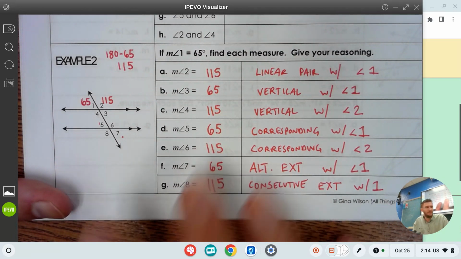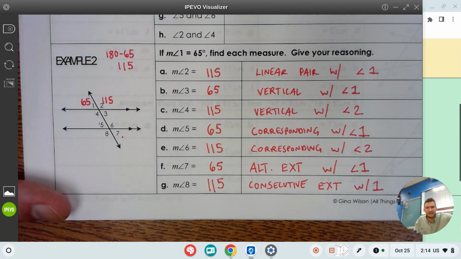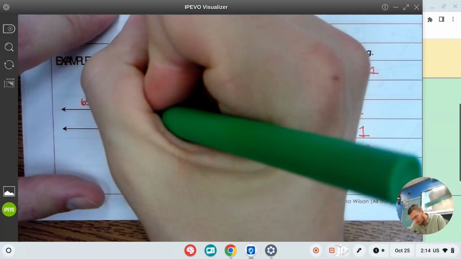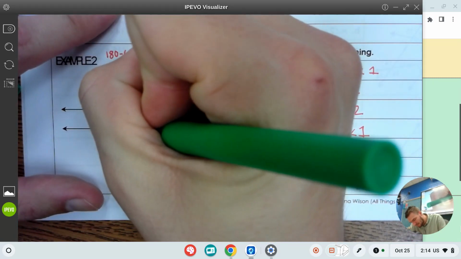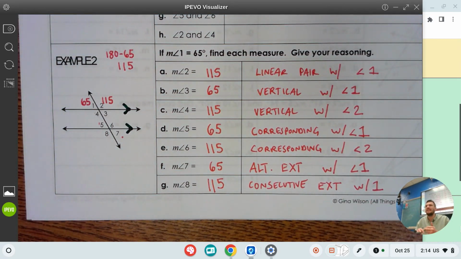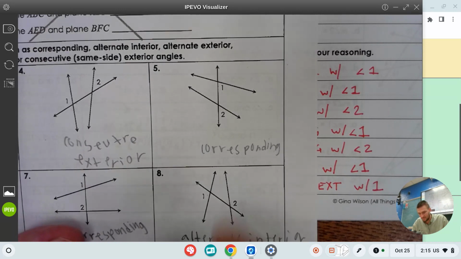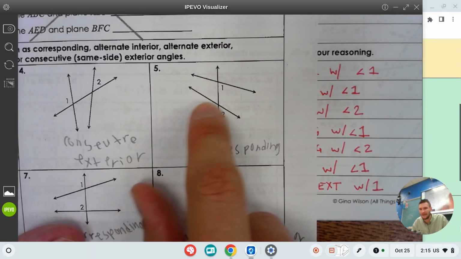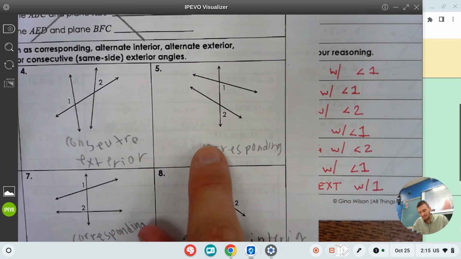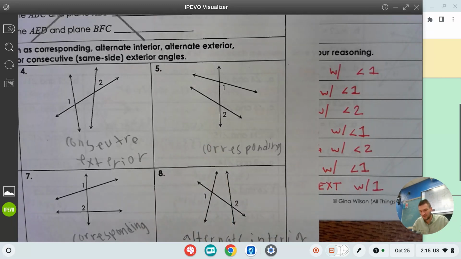All of this, before I'm going to stop the video in just a second, the number one most important thing is that you make sure you understand this only works for parallel lines. When it comes to these two, on a different piece of paper, these are corresponding angles, okay?